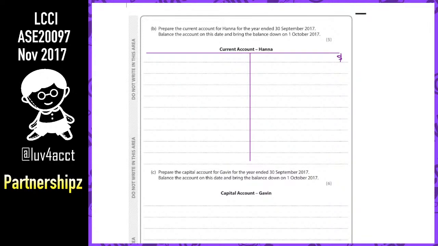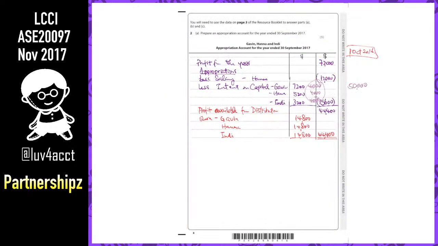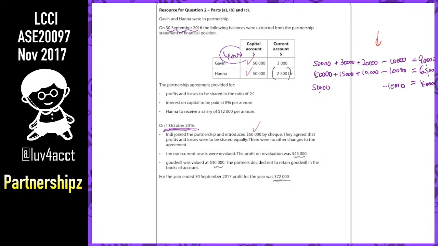So the current account of Hannah, we have an opening balance on the debit side, year 2016, 1st of October, balance brought down, opening balance of 2,500.